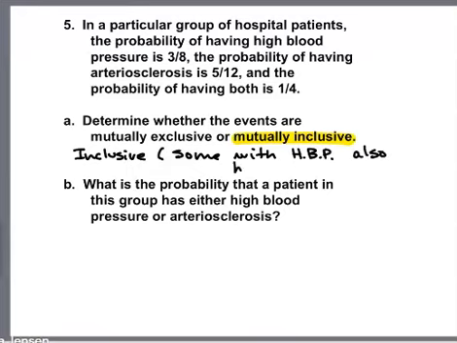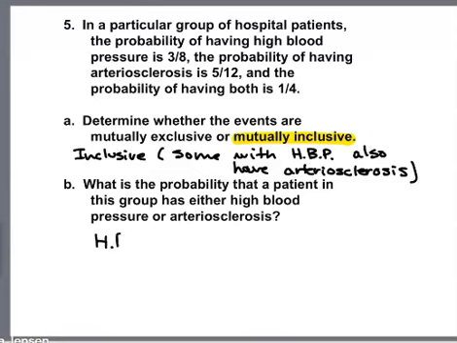also have arteriosclerosis. Hopefully I'm saying that right. Sclerosis. So there's overlap there. Okay, it's not that you just have high blood pressure or you have arteriosclerosis. Sometimes you can have both. So in this case, we have to subtract the overlap.